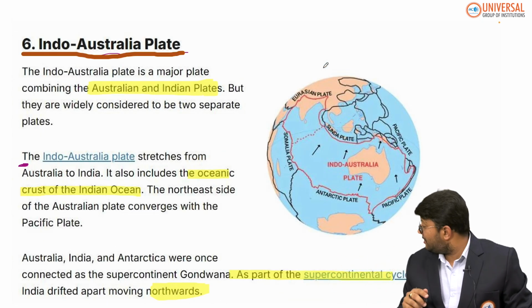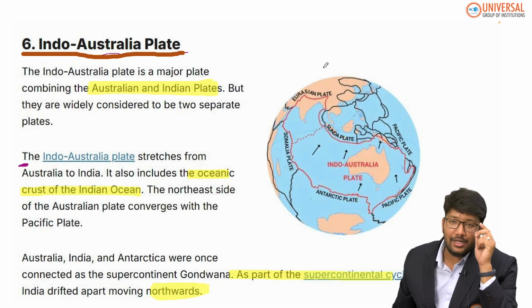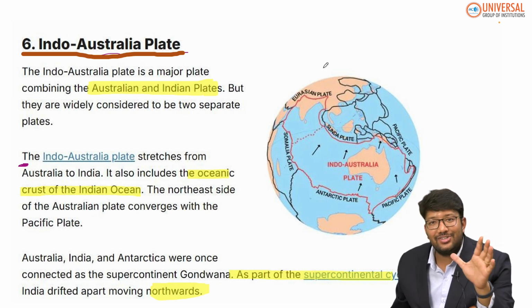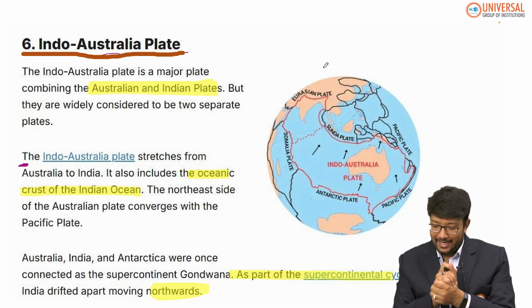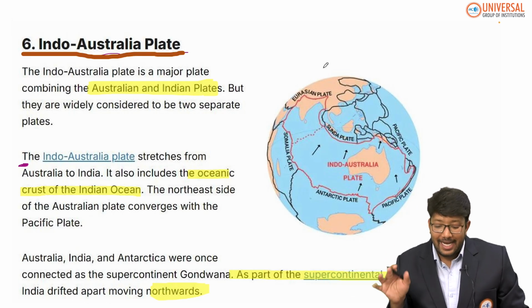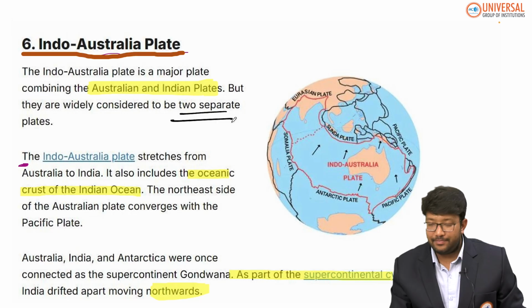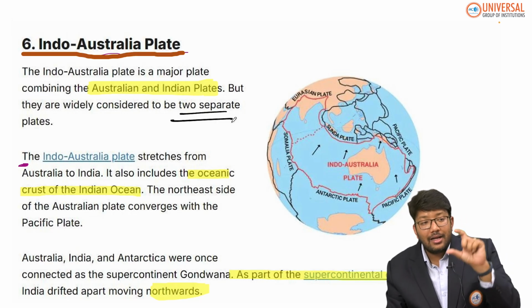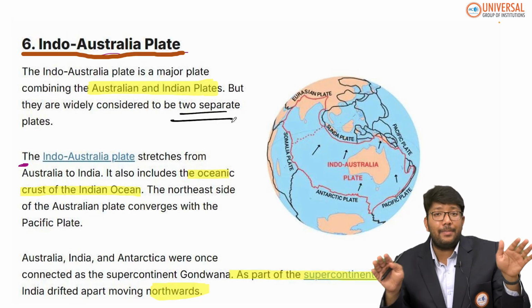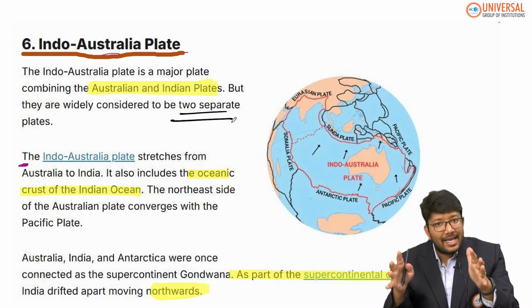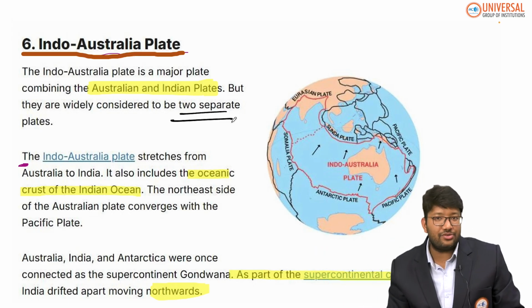Okay. Now the sixth one, the Indo-Australian plate. The Indo-Australian plate is a major plate combining the Australian and Indian plates, though they are also widely considered as two separate plates. The Indian plate and Australian plate are generally considered minor plates, but when we combine them, we call them the Indo-Australian plate, a major plate.